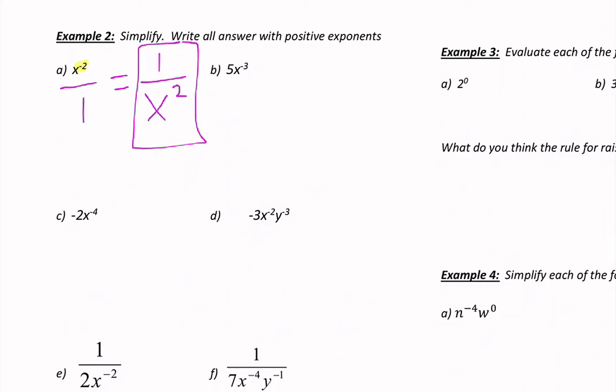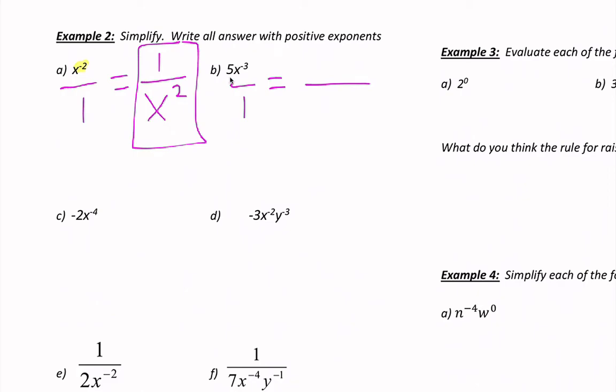All right, let's try B. On B, it says 5x to the negative third. So I see a negative exponent. It's not a fraction, so I'm going to turn it into one. Okay, this is where I don't want you to mess up. The 5 and the x are two separate things because they are not in parentheses together. So I look at the 5. The 5 does not have a negative exponent, which means leave it alone.